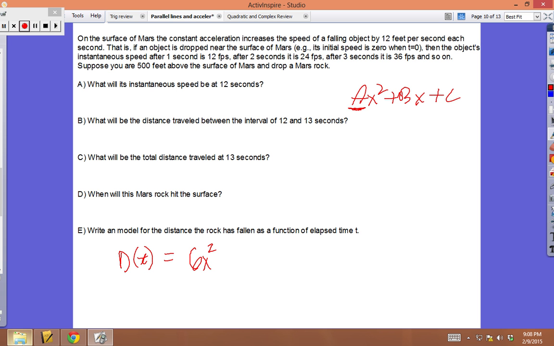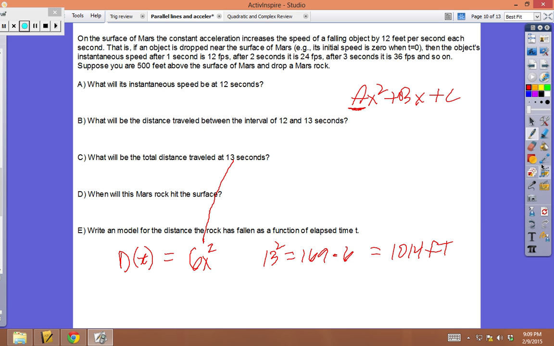That formula will give me the distance traveled at any second. So if I plug in 13, 13 squared is 169, and I times that by 6, that should give me the same answer, 1,014 feet. So that is the formula.